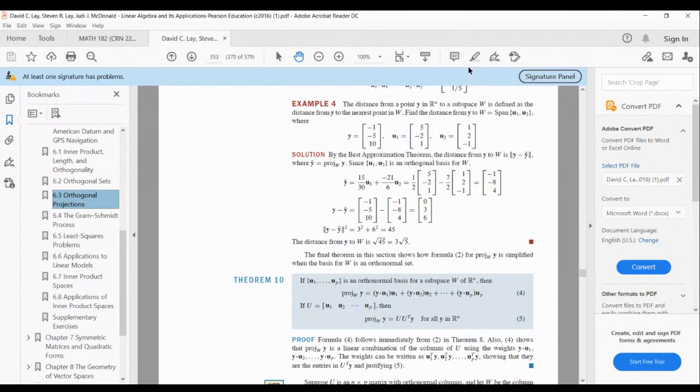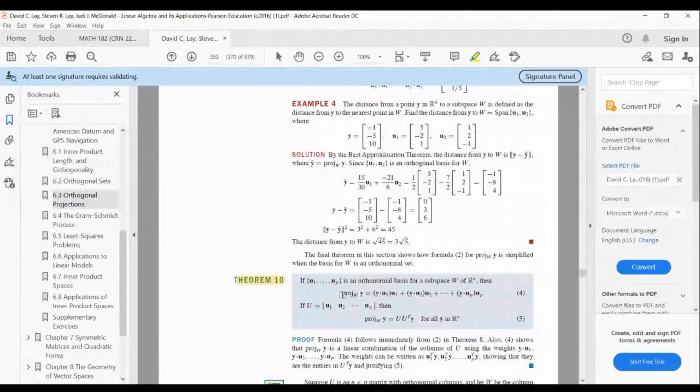This theorem 10, if you have an orthonormal basis, okay, and again, if you have an orthogonal basis, you can make it an orthonormal basis just by scaling the vectors appropriately so they each have length 1.